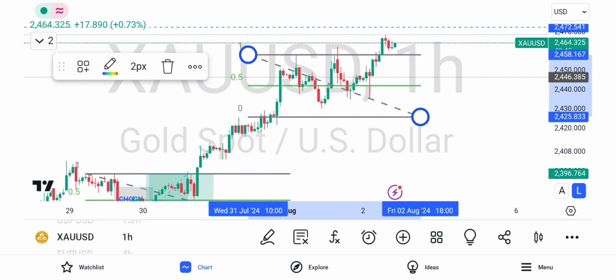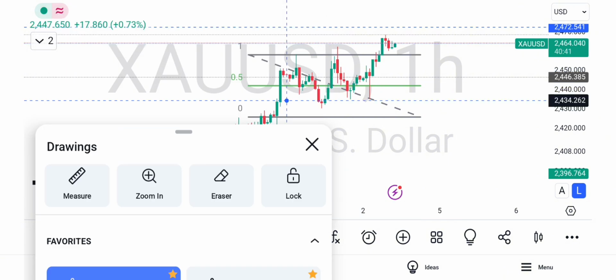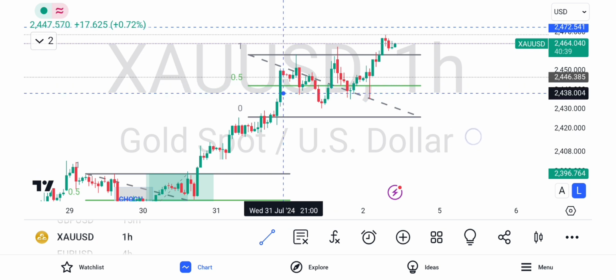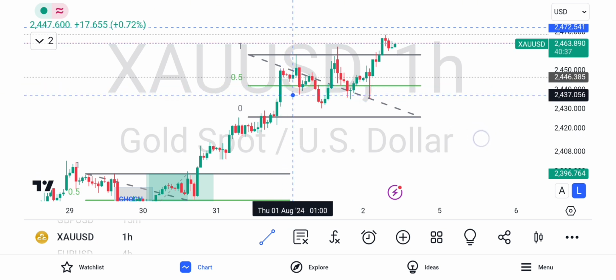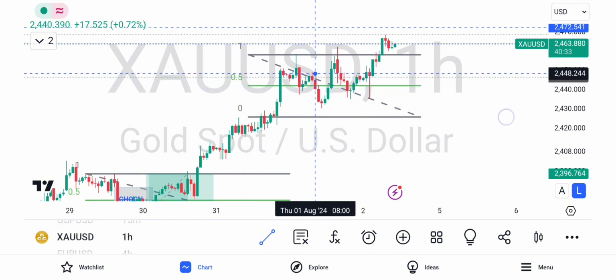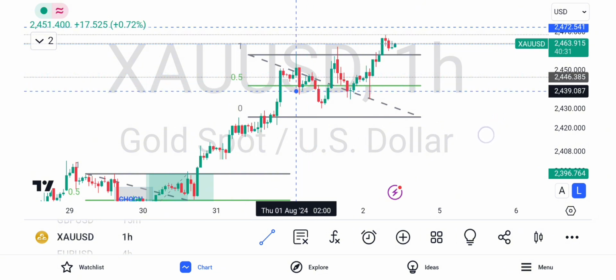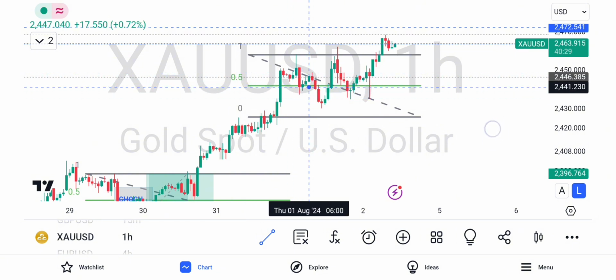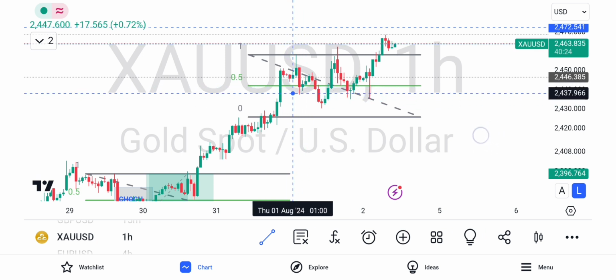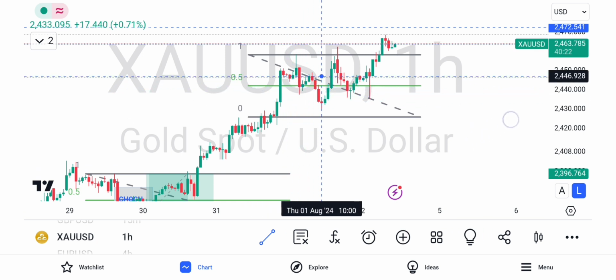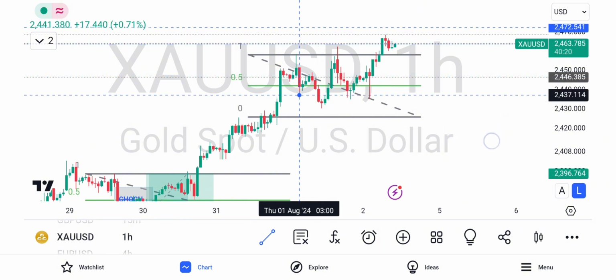Now we can agree that price is at premium. So for a short trade we can sell here. Oh, sorry, it's at discount. So for a buy trade we'll buy here because it's at discount.